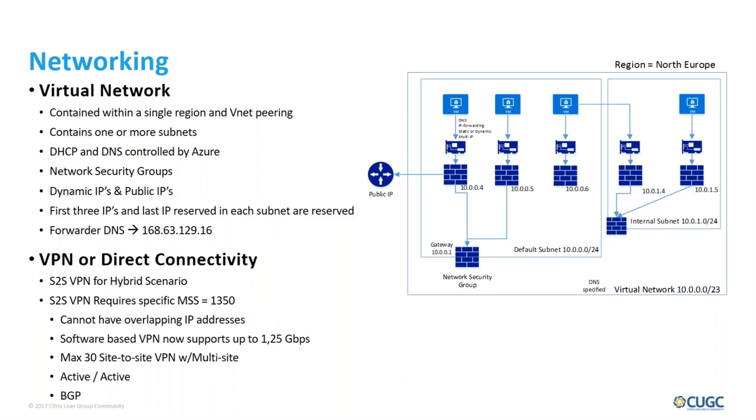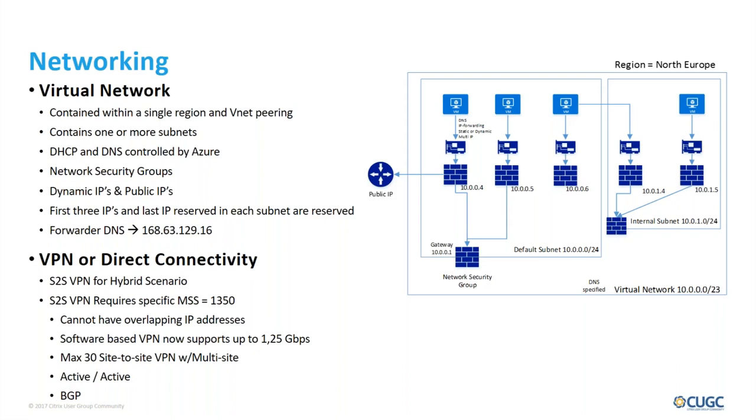So let's say we set up a domain controller inside this virtual network on a default subnet, and it has the IP address of 10.0.0.4, and we want that to be the DNS server for all my virtual machines inside this virtual network. Then we need to go into the virtual network and specify that as a DNS server. And when you set up the domain controller, you want to set up a DNS forwarder, you can point it to the IP address that's in the presentation here, because that's forwarding to the DNS service that Microsoft provides.